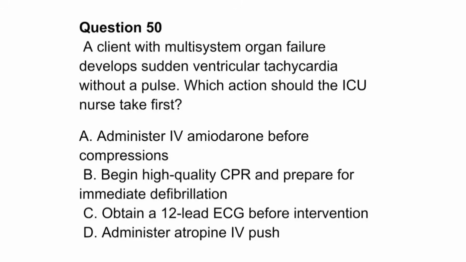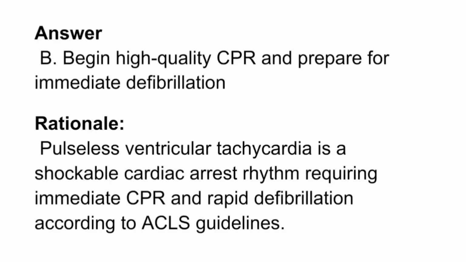D. Administer atropine push. Answer: B. Begin high-quality CPR and prepare for immediate defibrillation. Rationale: pulseless ventricular tachycardia is a shockable cardiac arrest rhythm requiring immediate CPR and rapid defibrillation according to ACLS guidelines.